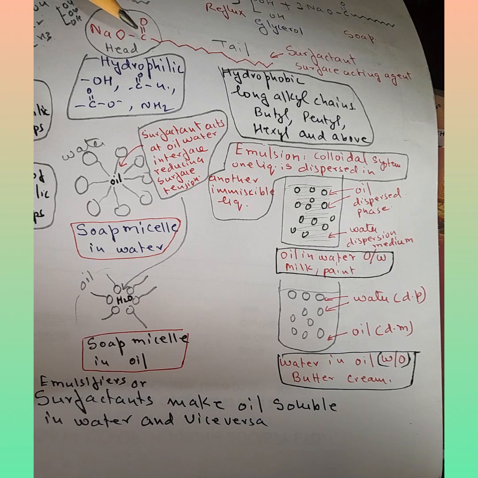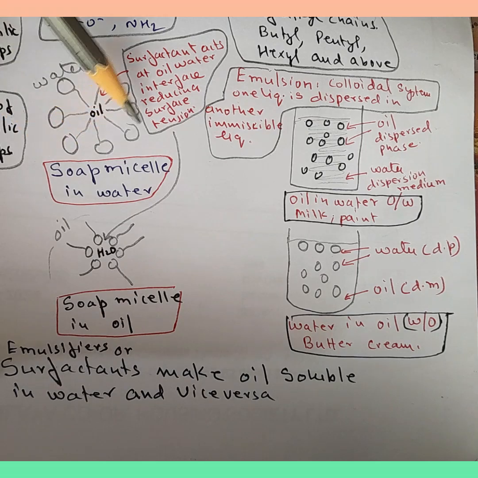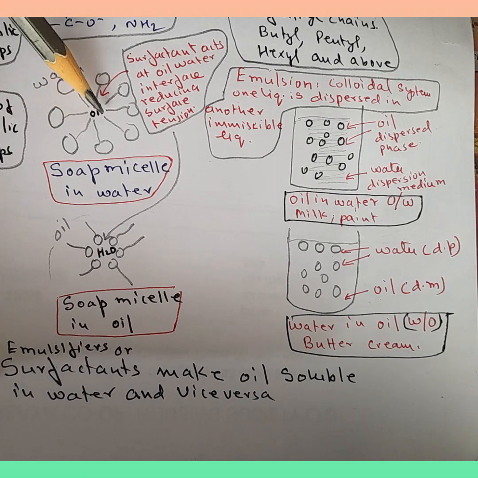So now what we have synthesized is soap. So this is the soap that we have synthesized. What happens is when oil is there in a cloth, the molecules arrange in a way by which the tail is towards the oil part and the head is towards the water part.